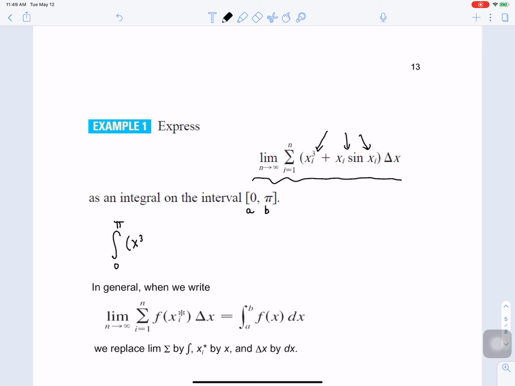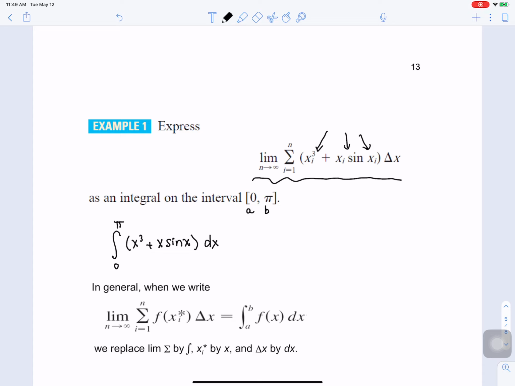So this would be x cubed plus x sine x. And instead of writing delta x, we write dx because we're doing it over all of them. Essentially, when that delta x is not a finite rectangle, we take all those rectangles and make them infinitely small so that we're getting the total area.